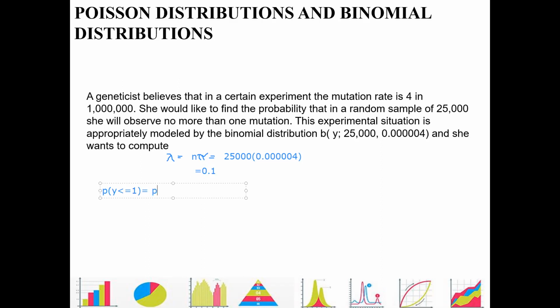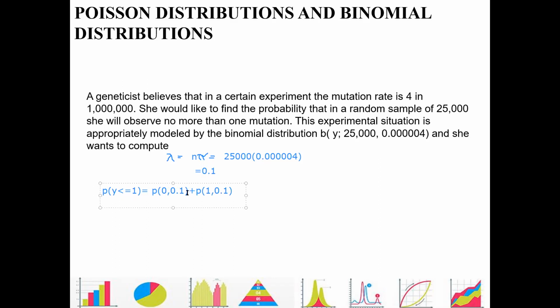So that is the probability of 0 sa Poisson distribution if lambda is 0.1, plus the probability that 1 for lambda 0.1.